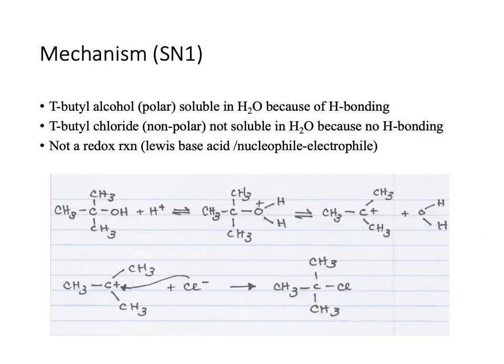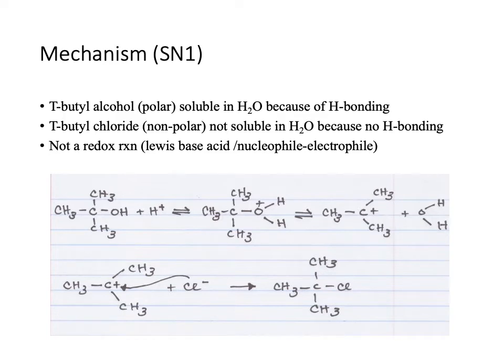So here you can see again how the mechanism happens. You need to remember all the steps. First of all, you need to know what cation you need to have to make the reaction.